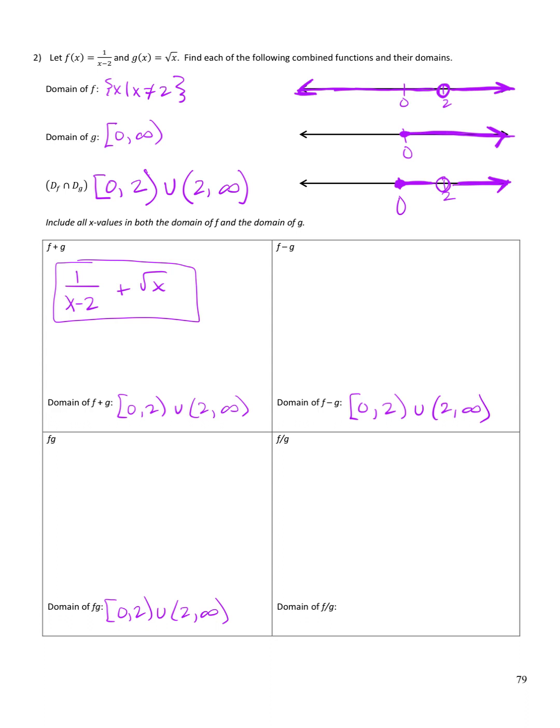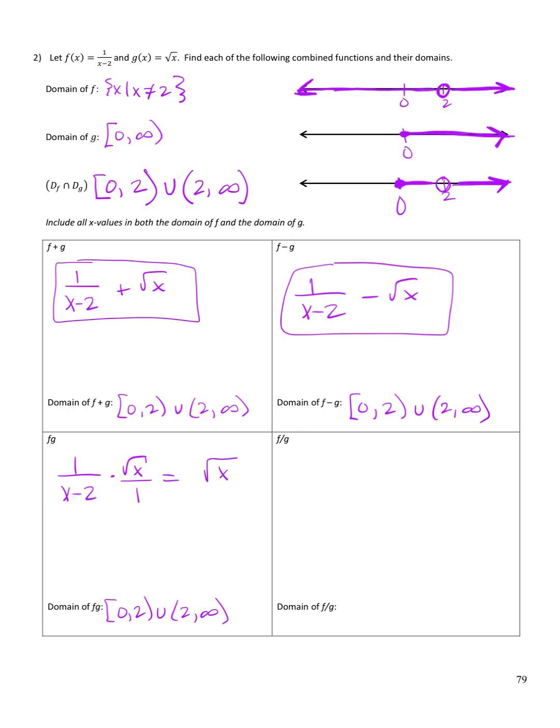So f minus g will be 1 over x minus 2 minus the square root of x. F times g would be 1 over x minus 2 times square root x. This one I am going to simplify because I can make it look significantly simpler in one easy step. So I'm just going to write that as over 1 and multiply the fractions. So I get square root x over x minus 2.